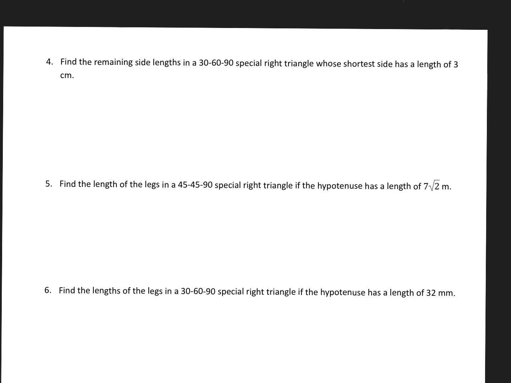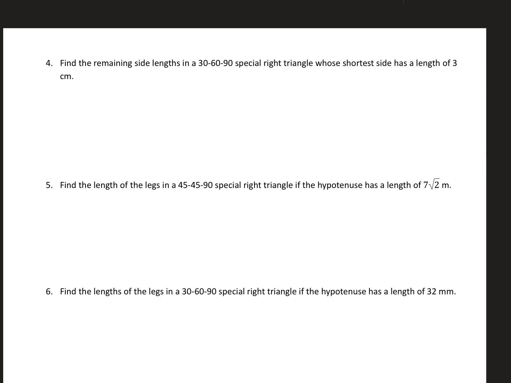So let's talk about our special right triangles. I don't really have to draw them for you because we already know the angle measures. We want to find the remaining side lengths in a 30, 60, 90 special right triangle whose shortest side has a length of 3 centimeters. I can draw the triangle just to have a reference of what it is going to look like. Again, triangle's not drawn to scale.